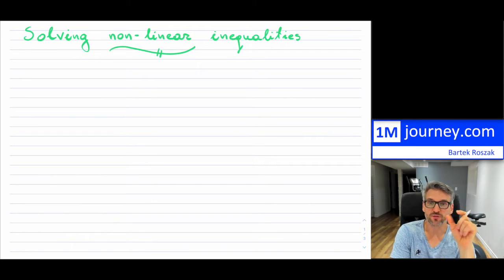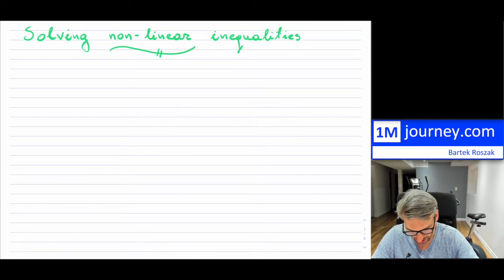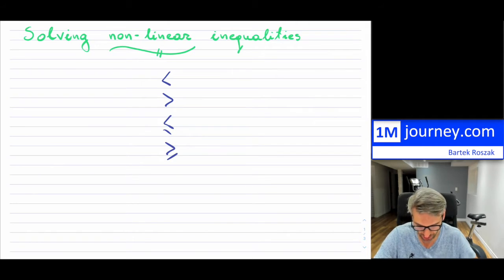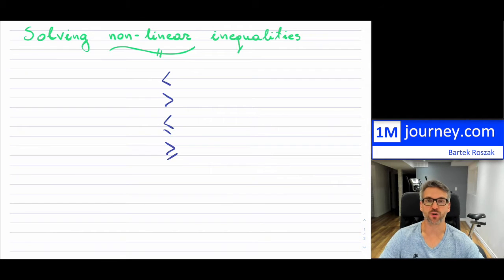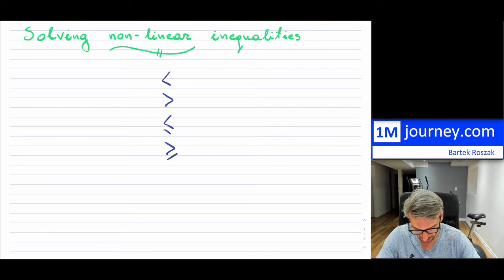And when you're solving those linear inequalities, the key thing, and really the only problem in solving linear inequalities, was the fact that if we were multiplying or dividing by a negative number, then the only thing that happened was the inequality just swapped, right?